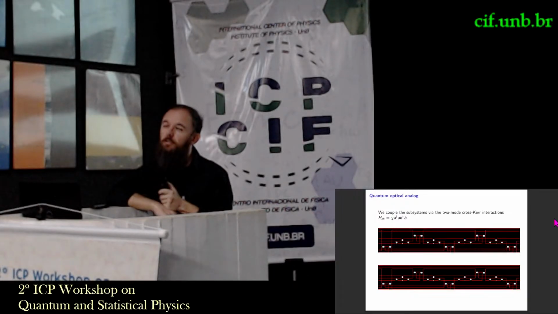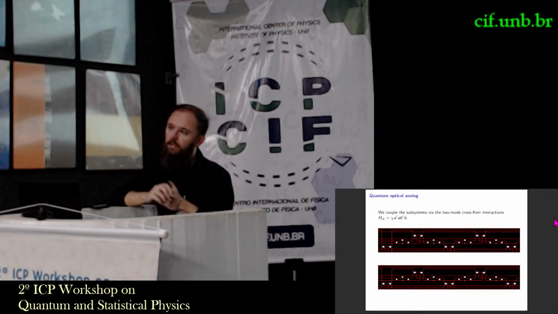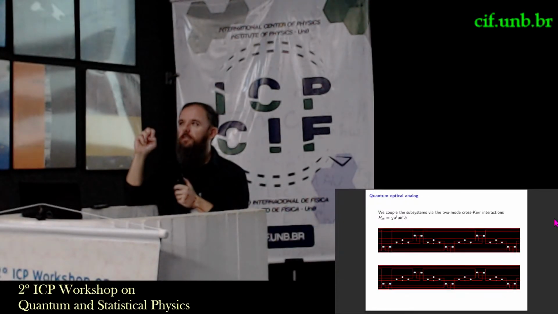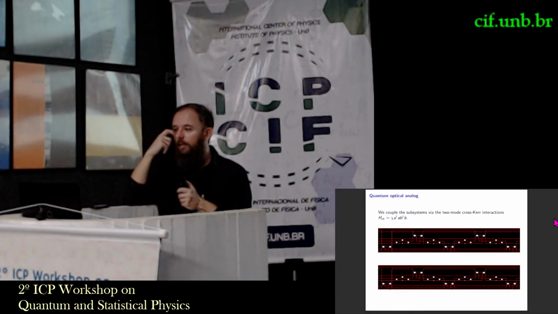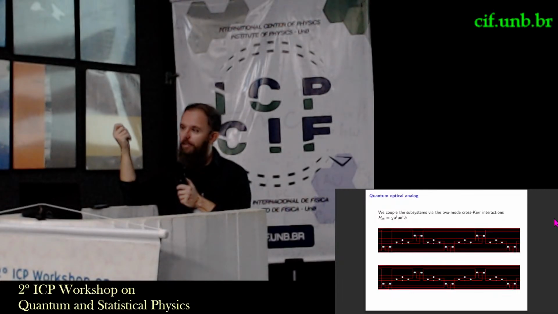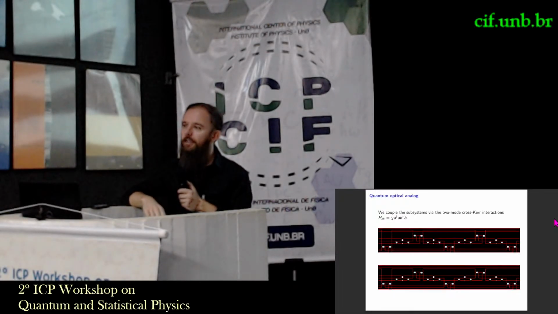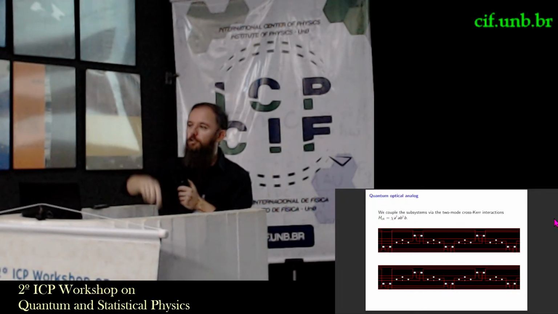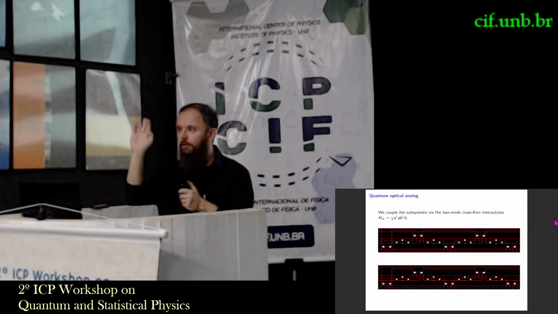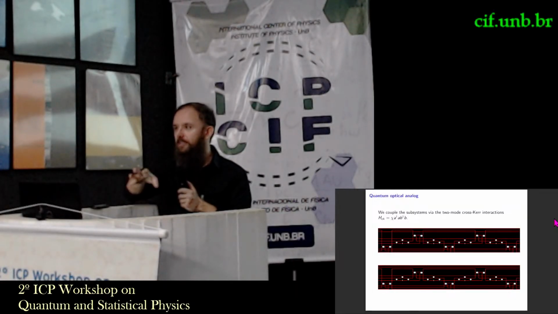Okay, I think it's not trivial, but it was identified early, not this kind of decomposition, but a slightly more complex one. The idea is that the two-mode cross-Kerr interaction is very powerful. Actually, in Brazil we have people from the Federal Fluminense University, Daniel Jonathan Brod, collaborating with Joshua Combes. They took on Shapiro, who said you can't do the controlled phase gate this way, which is the simpler one.